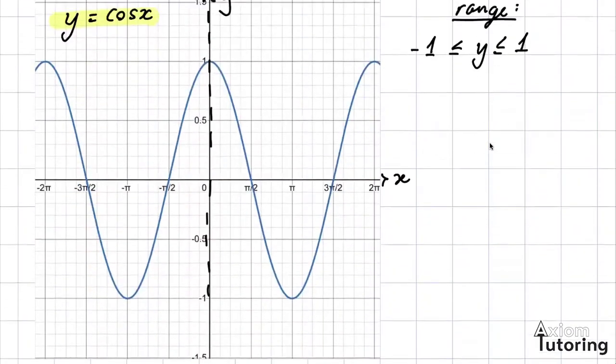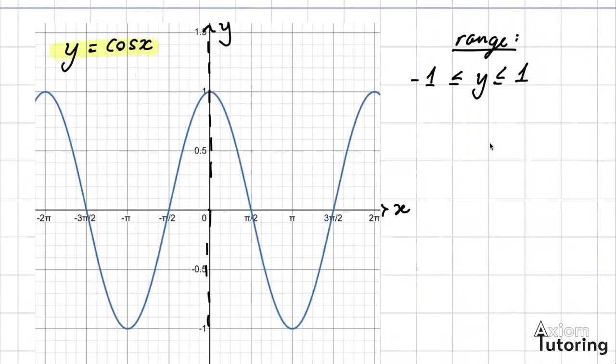But for cosine, when we look at our x value of 0 radians, it gives us a maximum point up here. So this is a very key difference between the sine and cosine graphs. However, cosine, just like sine, does repeat itself every 2 pi radians. We can see here between 0 and 2 pi, that's one cycle of the cosine graph. So it has a period of 2 pi.